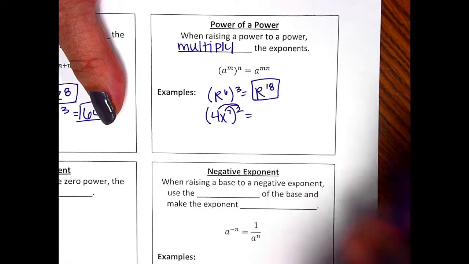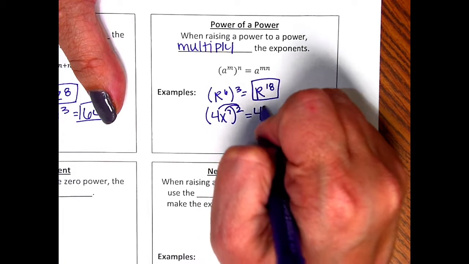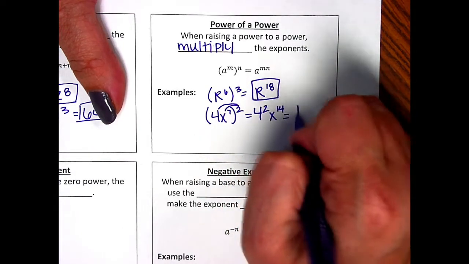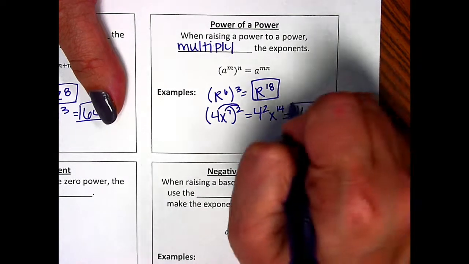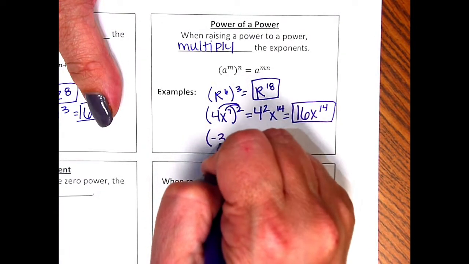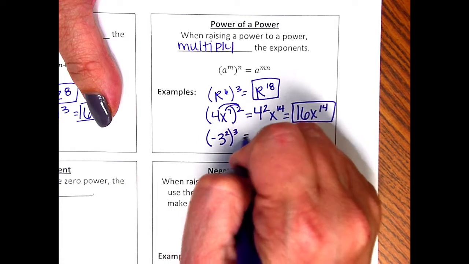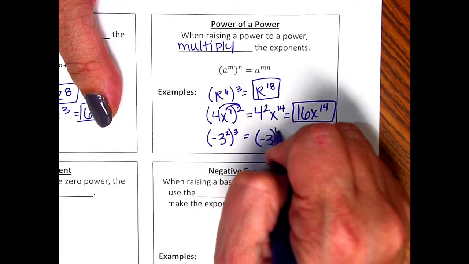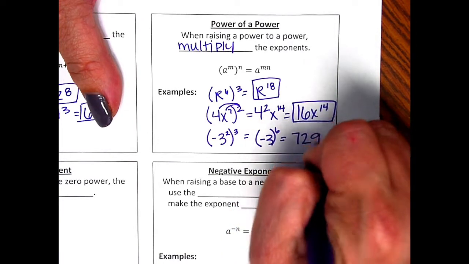It has to go to both the 4 and the x. So I have 4 squared x to the 14th, which is 16x to the 14th. And then negative 3 squared cubed, which is negative 3 to the 6th, which is 729.